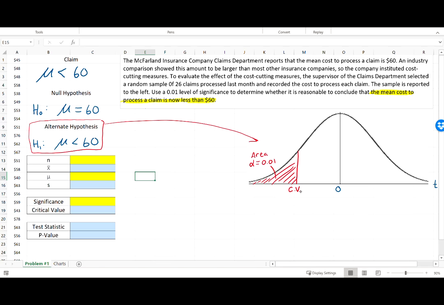All right, so now let's go back to the problem, and let's pull out the information that's given. A random sample of 26 claims. Okay, so that's our value of n. In this case, n is 26.